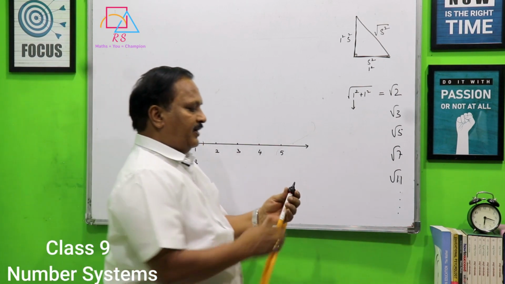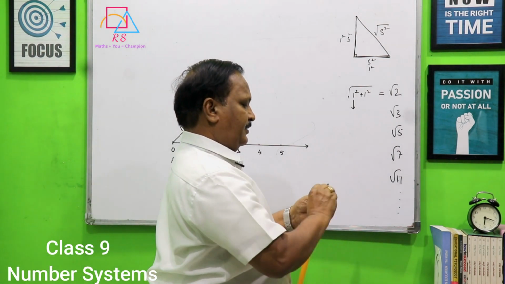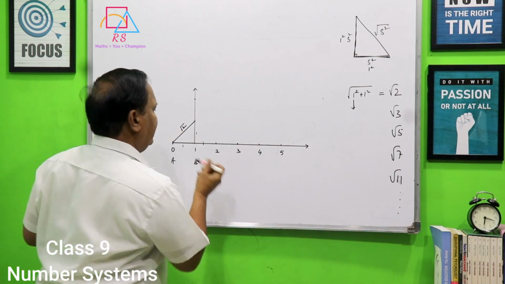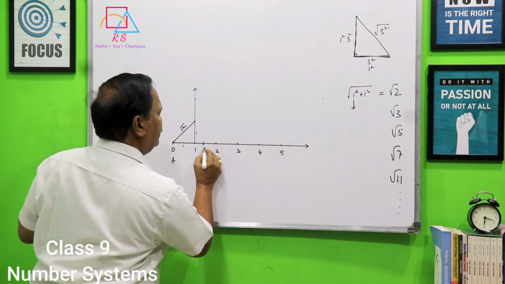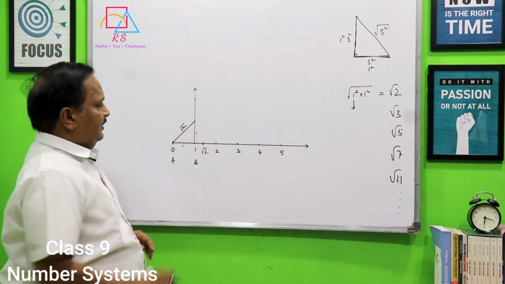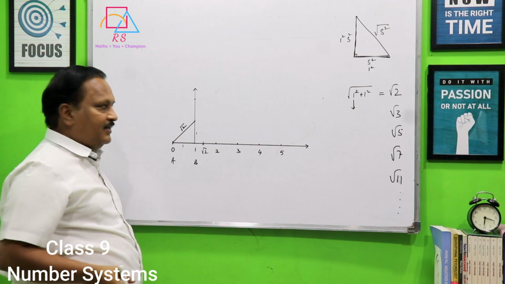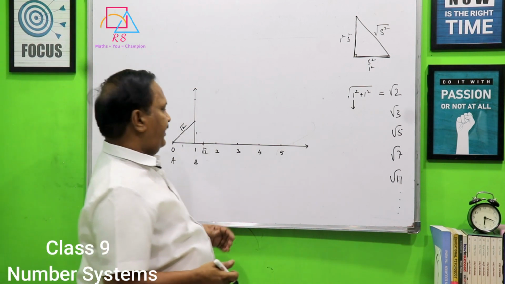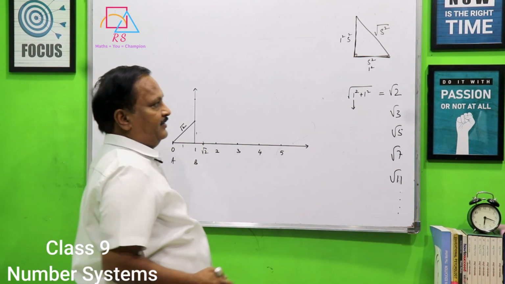And this point is known as root 2. This is root 2, because I have taken an arc with this root 2 as radius. So same way, now I have got root 2 here.